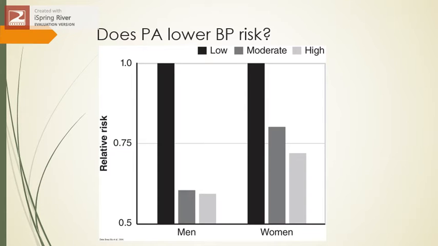Of course you can see here the reference category is those who do low amounts of physical activity, the relative risk there is 1, and then in men and women, you see a dramatic drop in the other two categories, moderate and high amounts of physical activity. The effect seems to be especially strong in men, at least according to this one study. Relative risk was about 0.6, regardless of whether it was moderate or high.